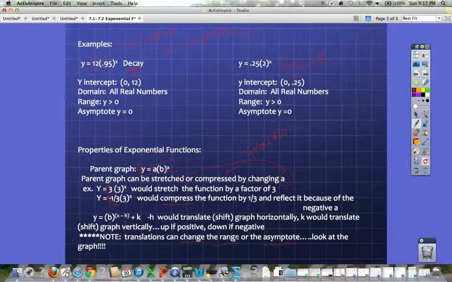Whatever the range is, that's also going to be similar to your asymptote. So keep that in mind when you're looking at these, okay? Just put them in your graph and look at them, okay? Just remember, whatever that bottom y value is, that's where the asymptote horizontally is going to be.